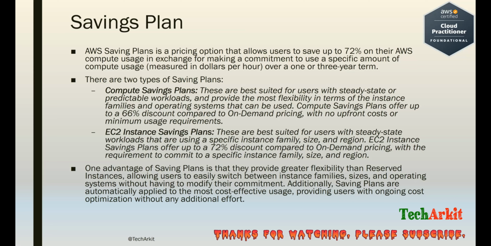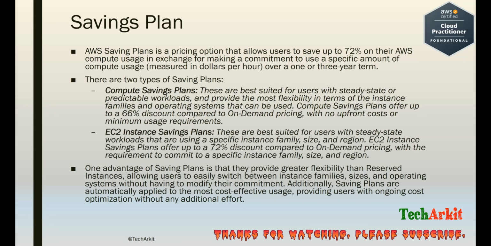So there are 2 types of saving plans. One is compute savings plans. These are best suited for users with steady state or predicted workloads and provide the most flexibility in terms of the instance families and operating system that can be used. Compute savings plans offer up to 66% discount compared to on-demand pricing with no upfront cost or minimum usage requirements.